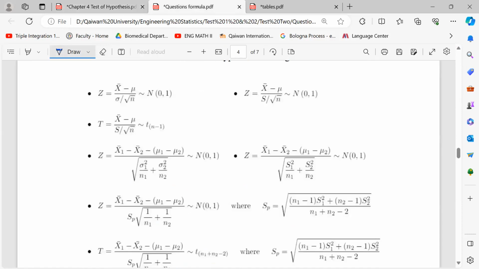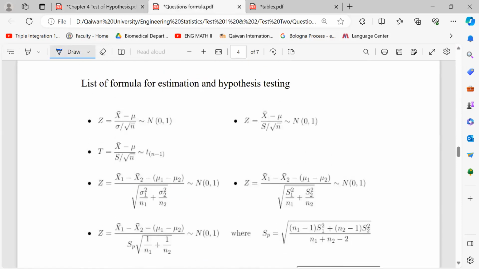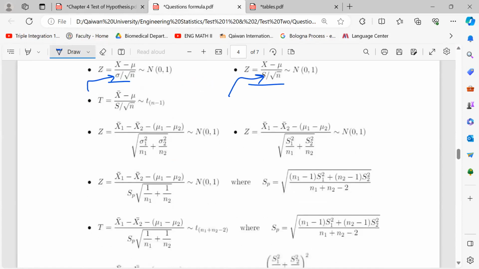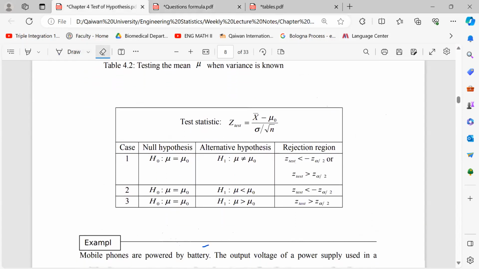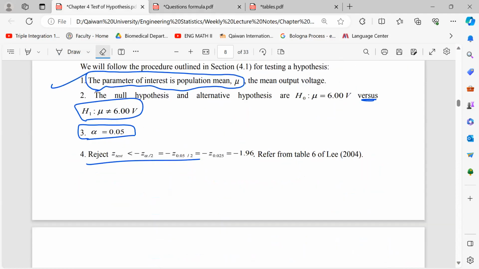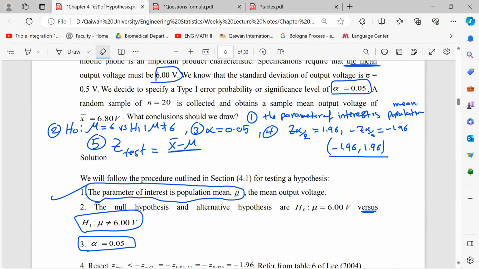For the mean, we have this or that, both are the same. If the standard deviation is given, we use it; if the variance is given, we take its square root. Both are the same.